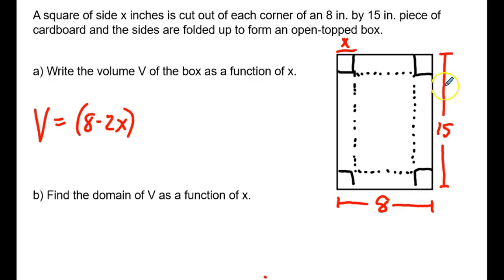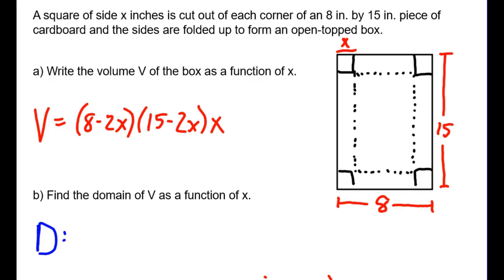Similar for our length, we started with 15 inches minus x, or we have 15 minus 2x. And then the height of our box after we make these folds is going to be a height of x inches. So we have 8 minus 2x times 15 minus 2x times x.